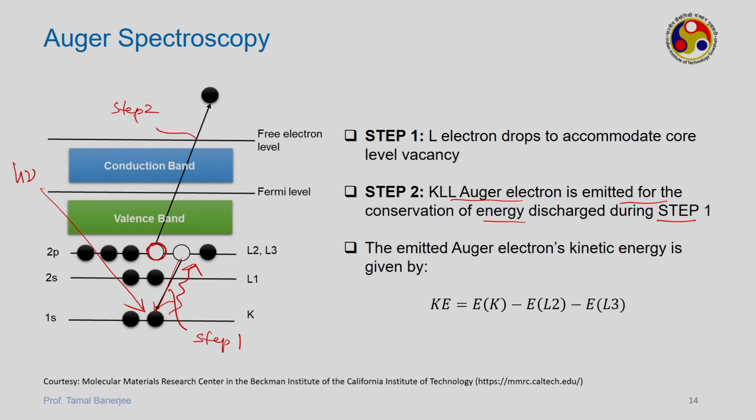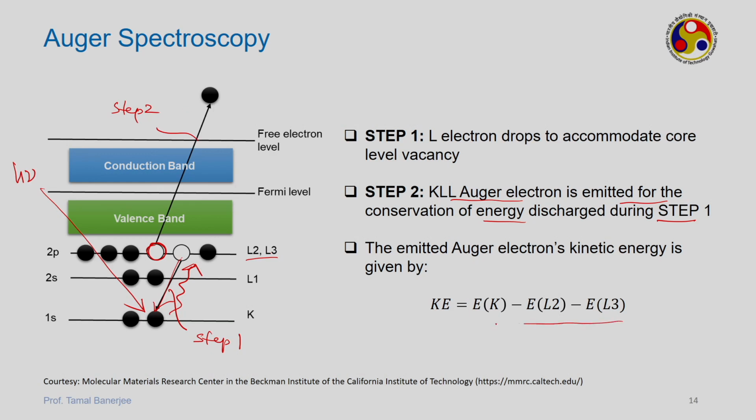In order to conserve energy in step 1, the total energy liberated here excites the outer electron, let us say from L2, L3. L1, L2, L3 you can recollect from the previous class, where I have already shown the different electronic states, the different quantum numbers n, l, m, s. So, what will be the kinetic energy of this Auger electron?